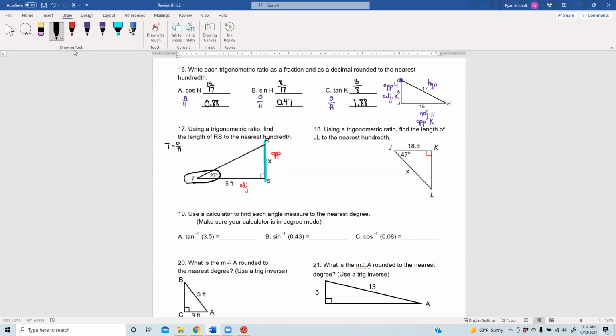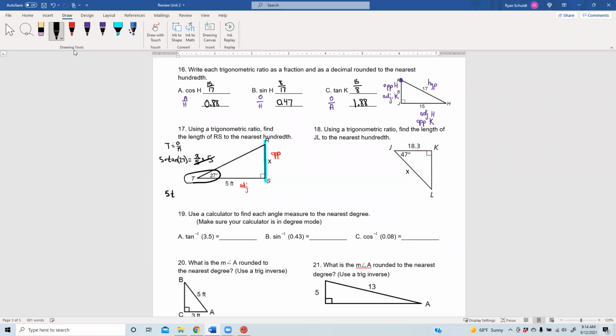So let's set it up over here. Tangent of 27 equals X over 5. Multiply by 5 on both sides. It's going to cancel.